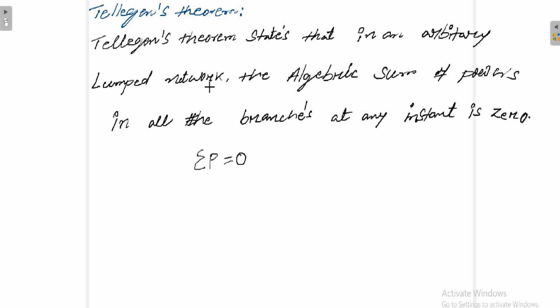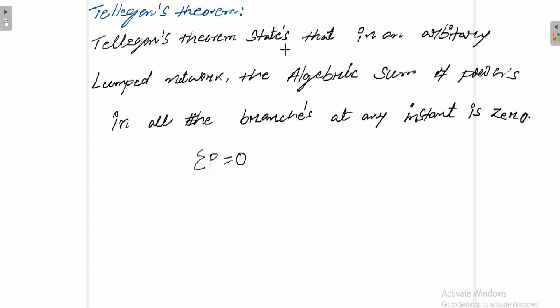If they ask any numerical question related to Taylor's theorem, Millman's theorem, or the compensation or reciprocity theorem, it becomes very easy. Only you will get some twist on superposition, Thevenin's, Norton's or maximum power transfer theorem.